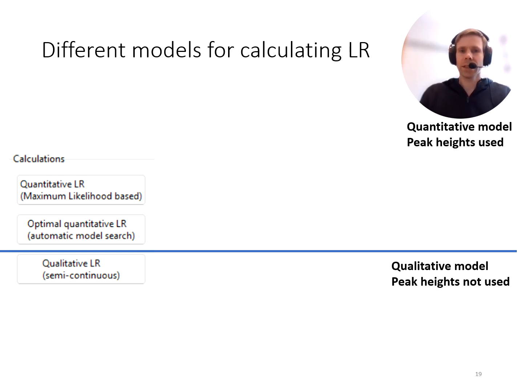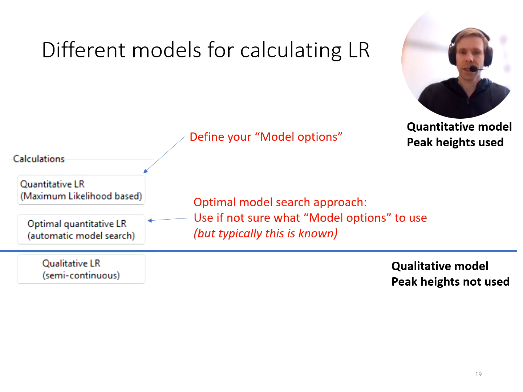Then, to calculate the LRs, you have several options, but what we will do here is to use the quantitative LR. It is also possible to do the qualitative LR, as in the EuroForMix module, but this is not something we will cover here.